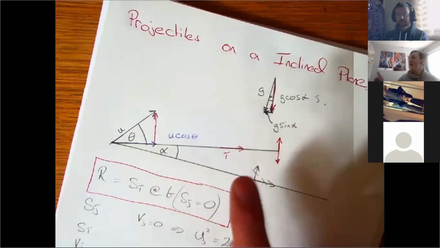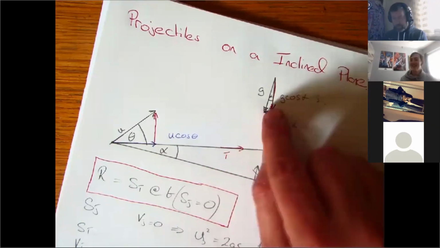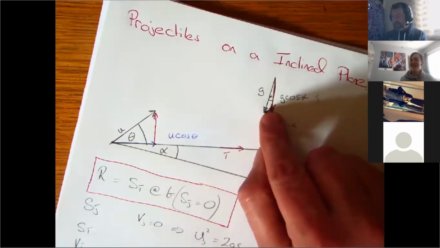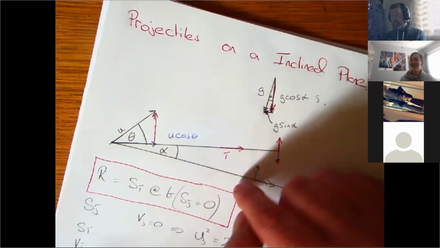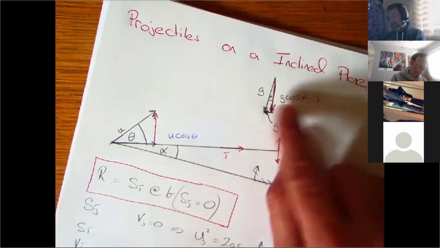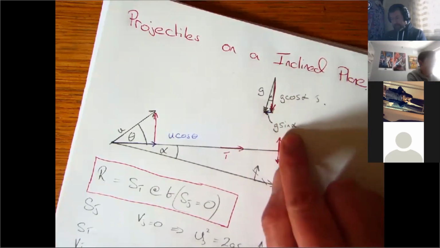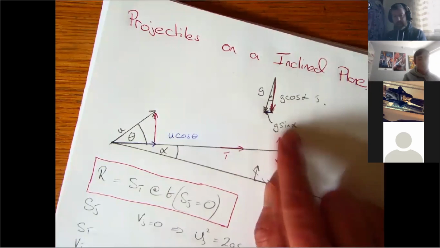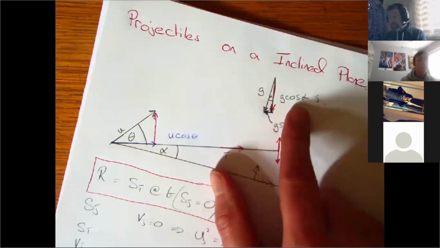We now make this the I and this the J. As I said earlier, gravity doesn't change, so gravity is still coming down the way it was to the original plane. So how do we fix that? We resolve G into J's and I's. This side here is G sine of the angle that the hill is to the horizontal, and this is G cos of that angle. I hope that's okay.